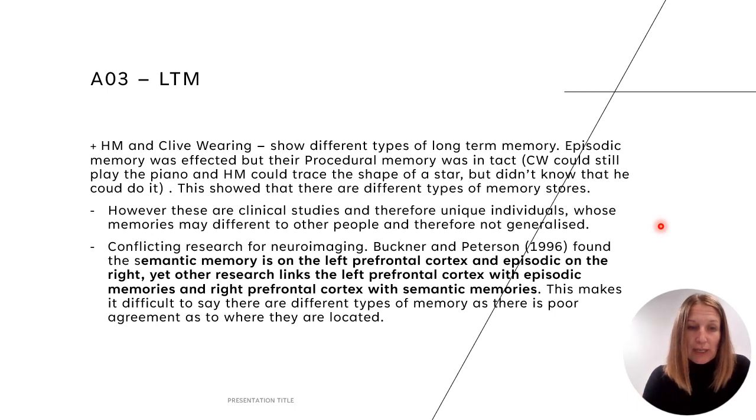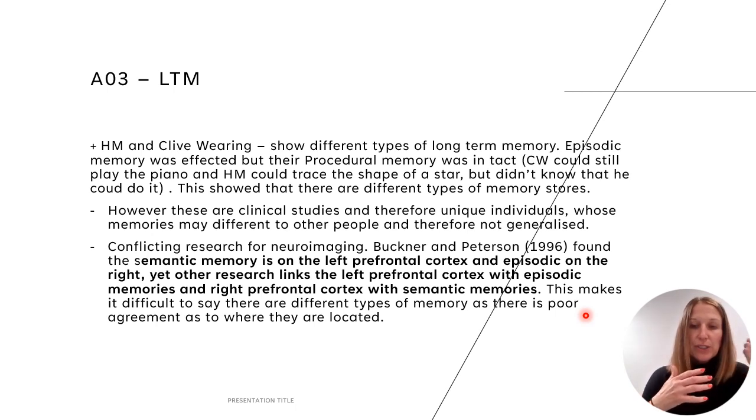There's also conflicting research from neuroimaging. Buckner and Peterson in 1996 found that semantic memory is on the left prefrontal cortex, and episodic on the right. Other research links the left prefrontal cortex with episodic memories, and the right prefrontal cortex with semantic memory.